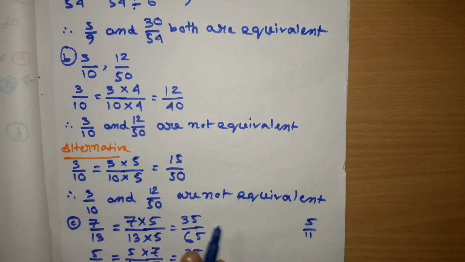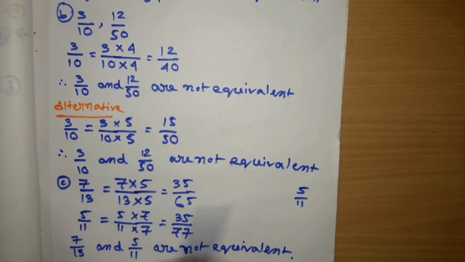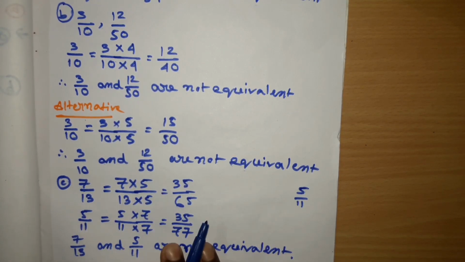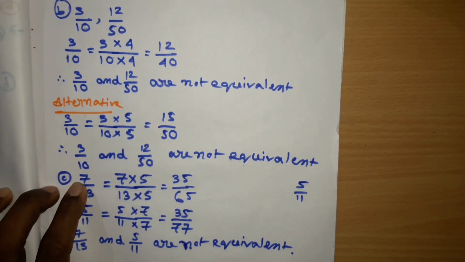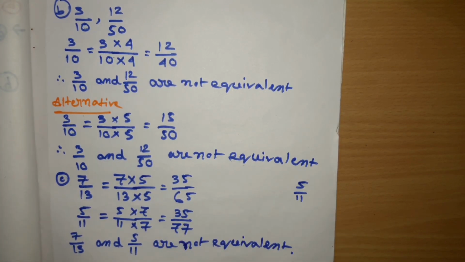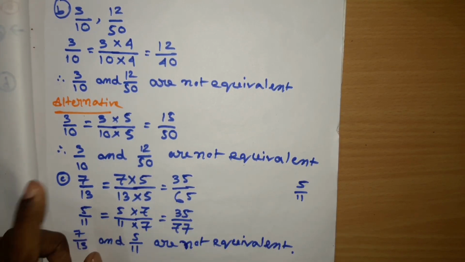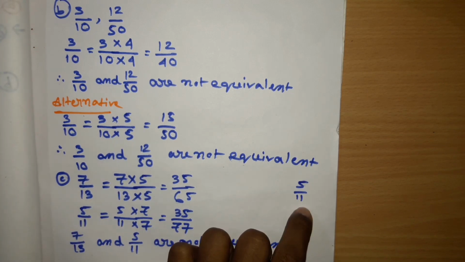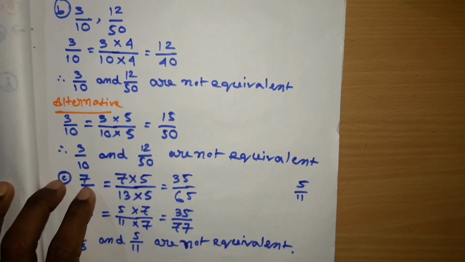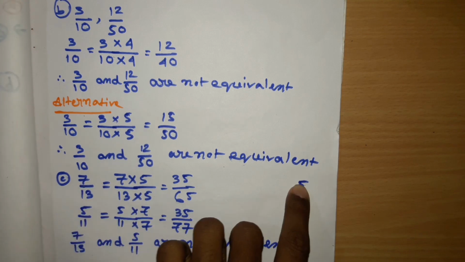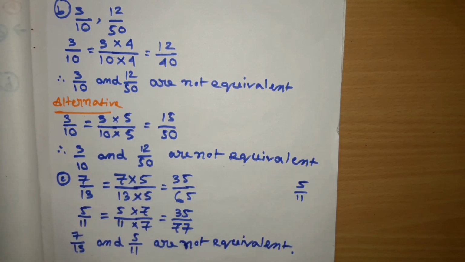both are in the table of 7, and here is 7 by 13, 5 by 11. So both the numbers are prime numbers.